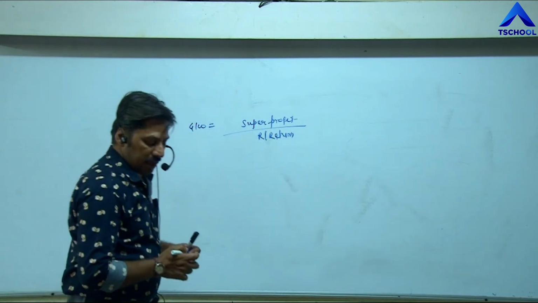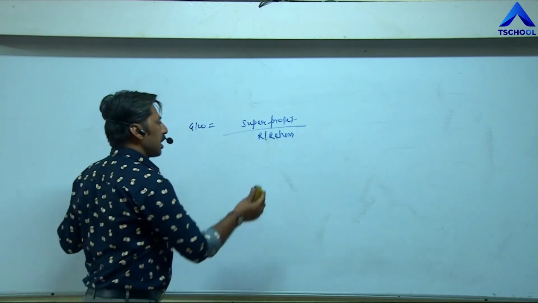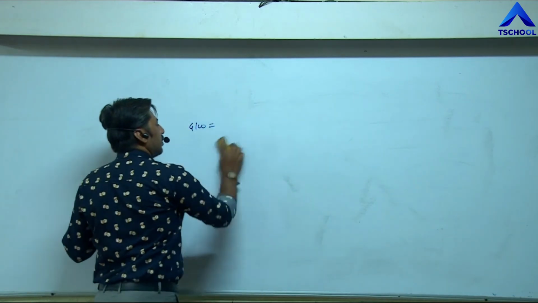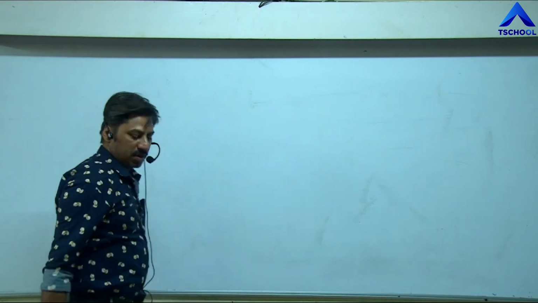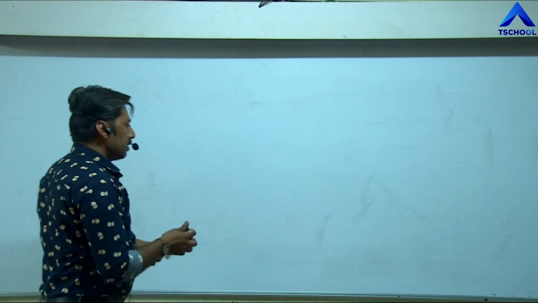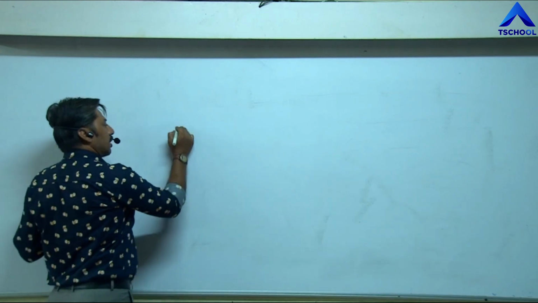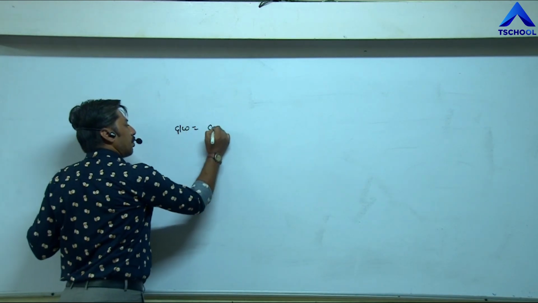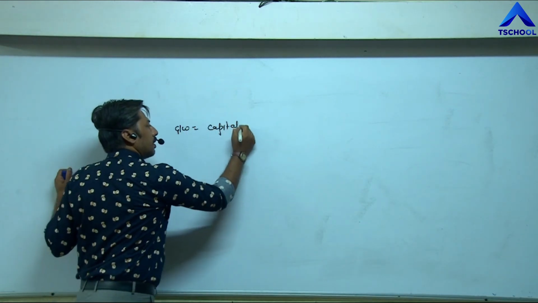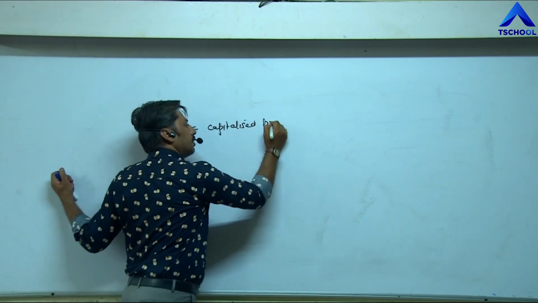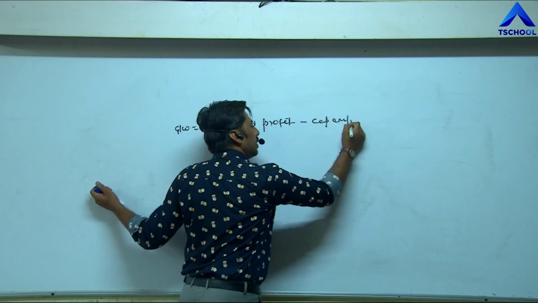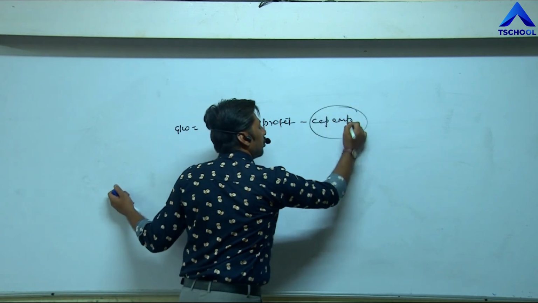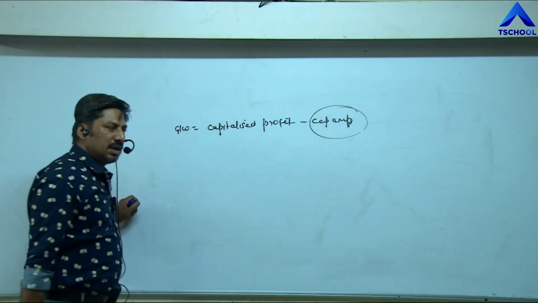Then second part of capitalization of profit method is capitalization of weighted or average profit method. In the last part, formula for calculating goodwill is capitalized profit minus capital employed. For calculating capital employed, we know the formula asset minus liability.